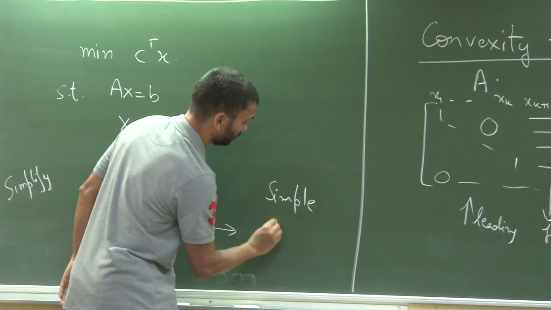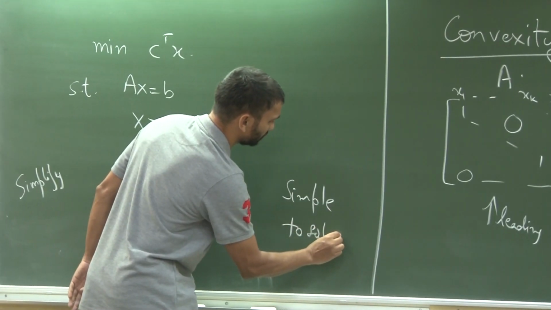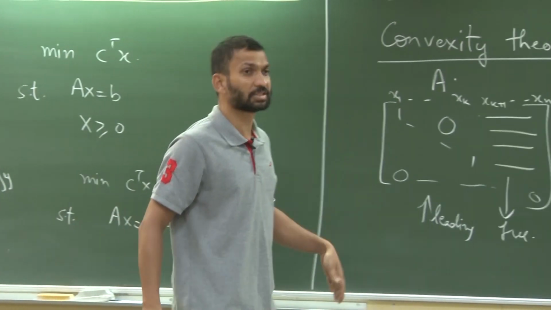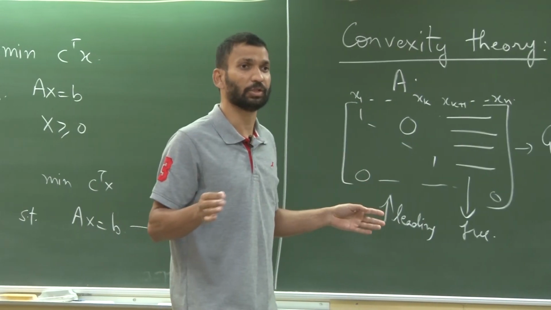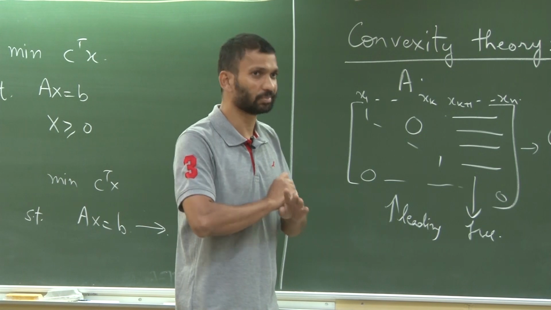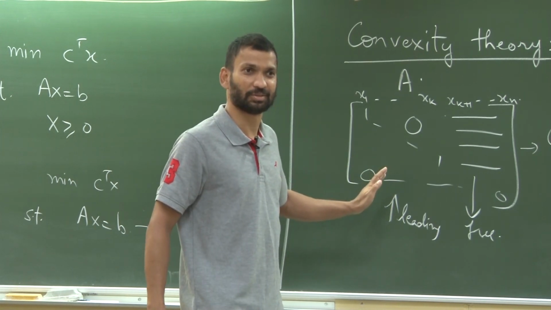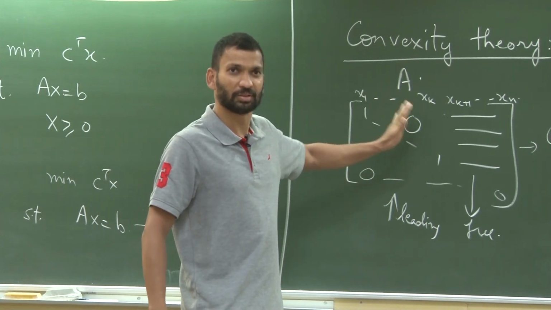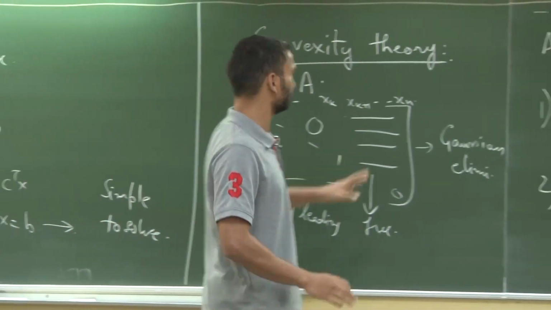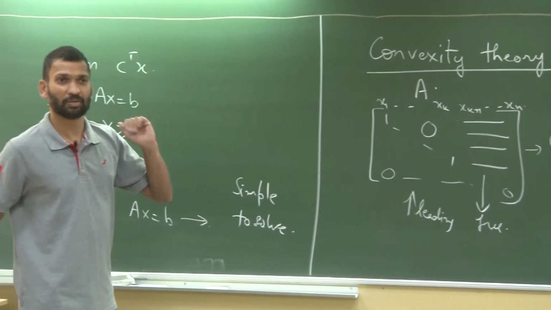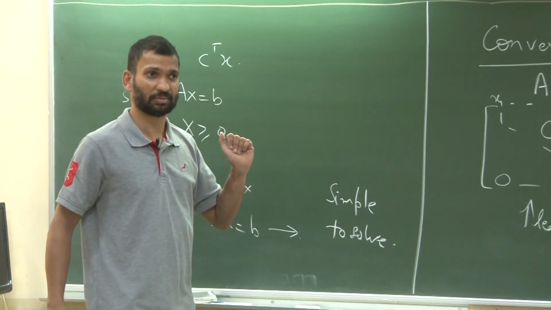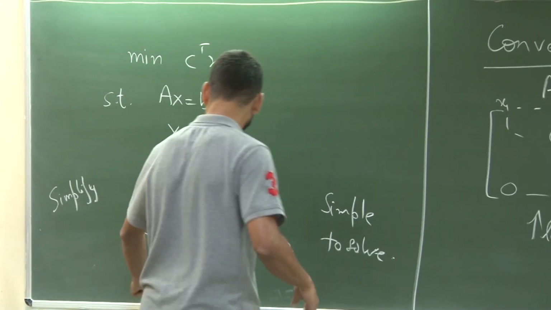This is very simple to solve, because even in a very bad case you can do Gaussian elimination in order of n cube. Order of n cube is a pretty good bound on Gaussian elimination, probably you can do better, but yeah. So, that means we can solve this problem very easily, correct? Great.